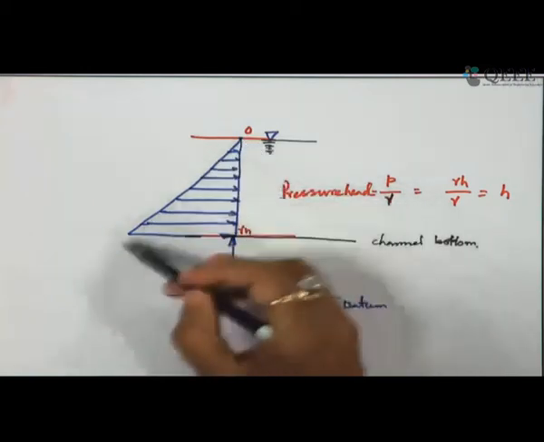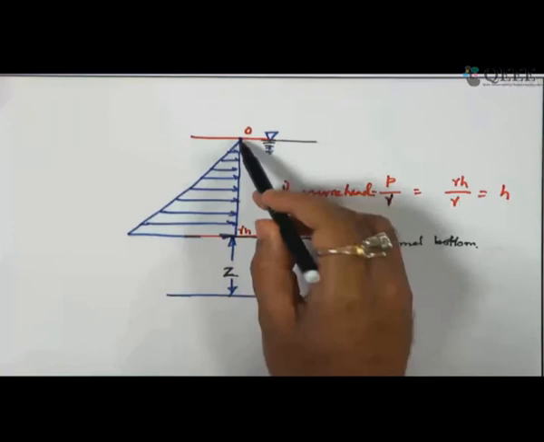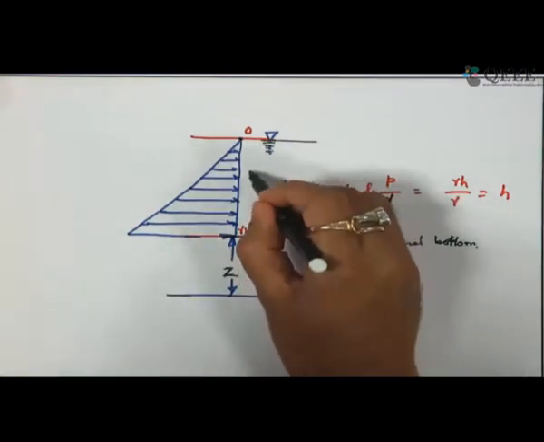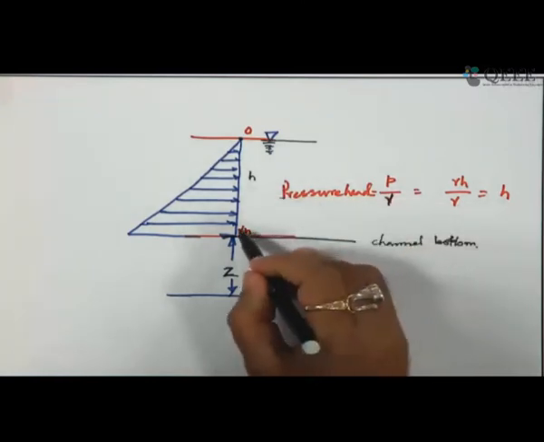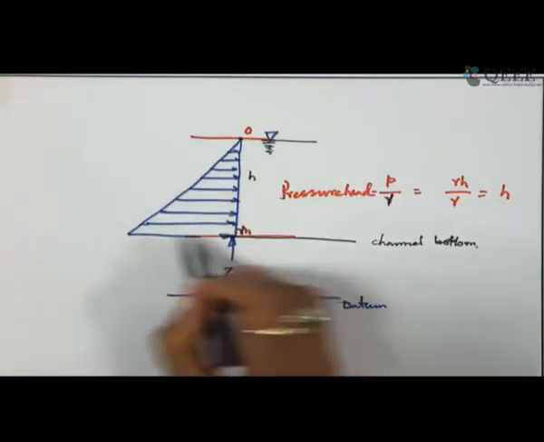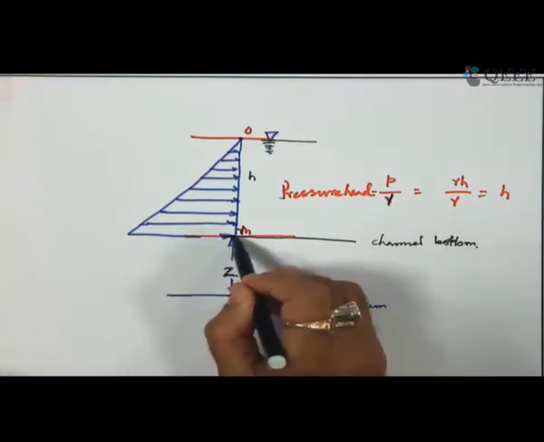Obviously, there will be linear variation of pressure. That means starting from 0, if the depth of flow is h, then gamma h will be the equivalent pressure that will be experienced at the bottom.